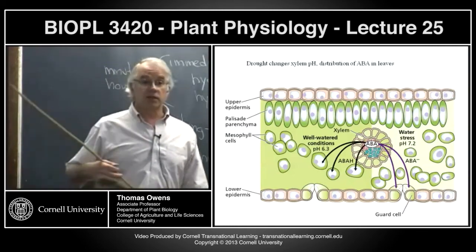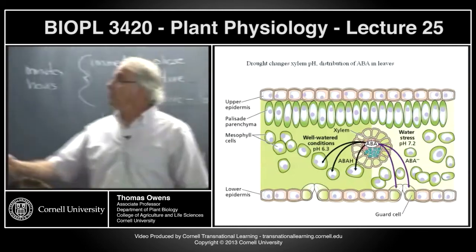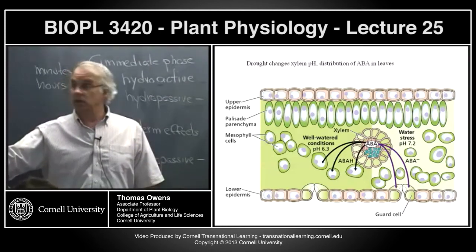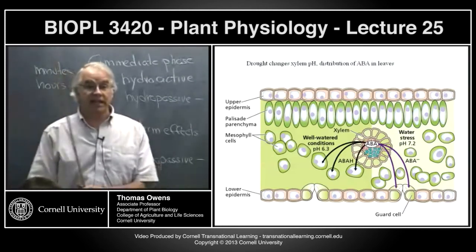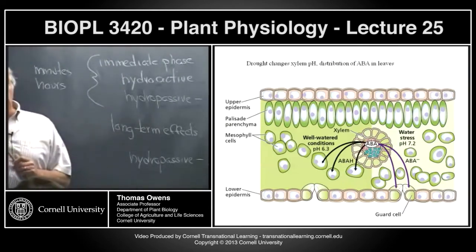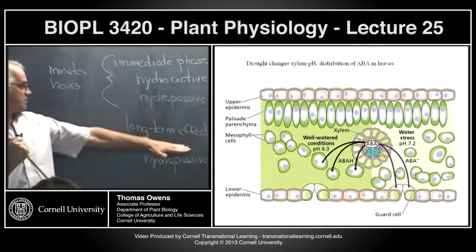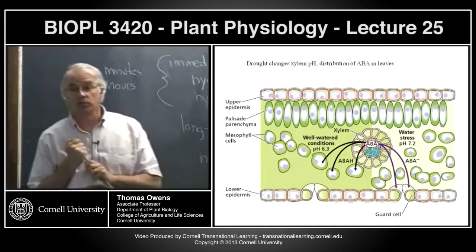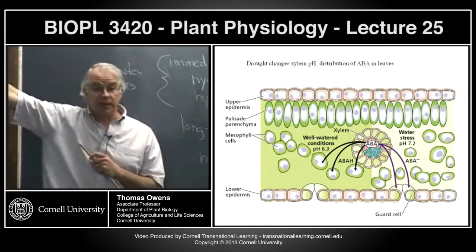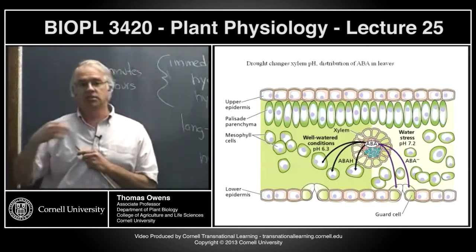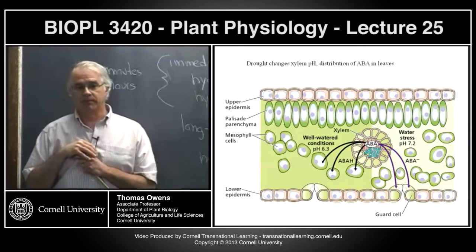So the effect on the guard cells is relatively small. But as the pH of the xylem sap becomes more basic, more of that ABA stays in the apoplast, which means it's more available to get to the guard cells. So there's a third component down here in the long-term effects, and that's a pH-dependent redistribution of ABA due to changes in the pH of the xylem sap.